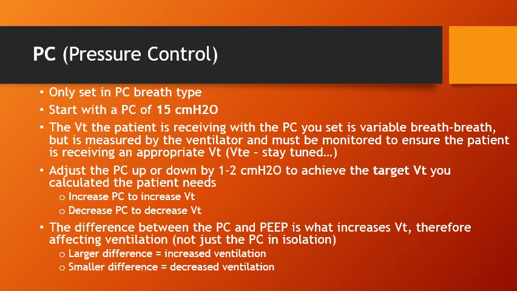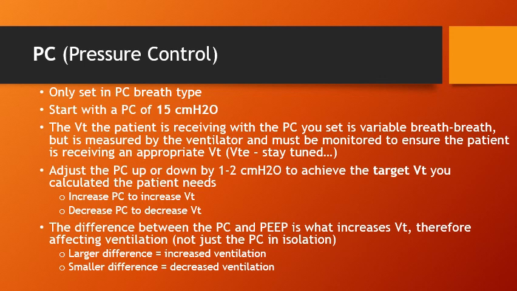So we're only going to set a pressure control if we're in pressure control breath type. If we're in volume control breath type, then we don't have to worry about setting a pressure control number at all. But if we're in pressure control breath type, we have to set a pressure control number, and for all of our patients, we're going to start out with a pressure control of 15 centimeters of water.